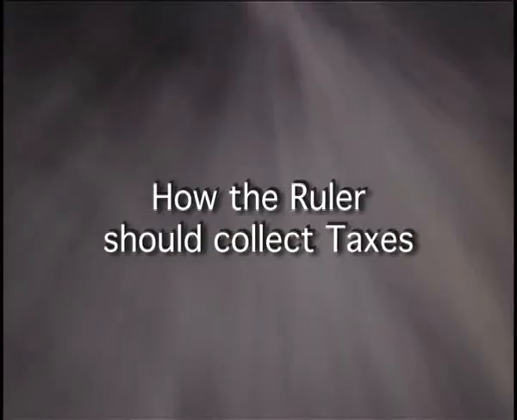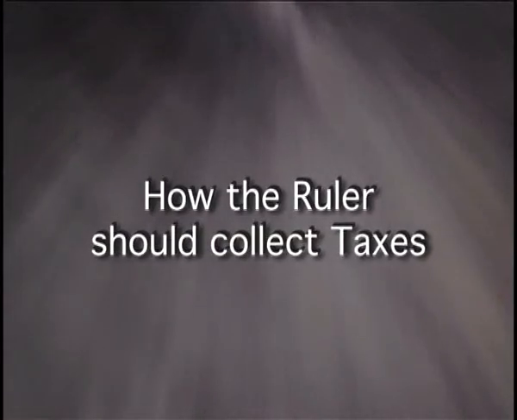Interestingly, the theoretical treatises like the Manu Samhita and the Anushasana Parva or Shanti Parvan of the Mahabharata lay down how the ruler should collect taxes. The ruler, as I have already said, is entitled to collect taxes, a share of the produce, particularly meaning agricultural produce, because he protects.